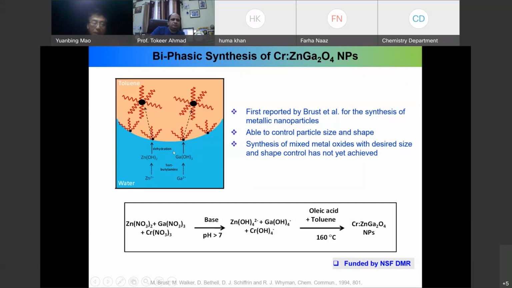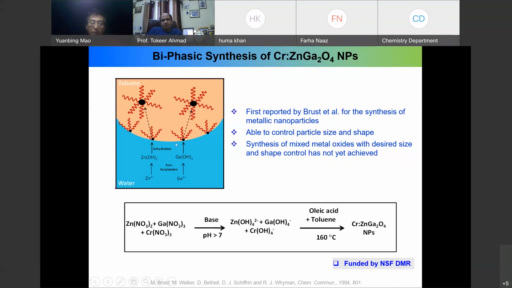So we thought about making the precursors in the water phase. That's easy, right? And then it is also a basic condition, especially when we heat it up, the pH will increase. And then these nanoparticles will start to nucleate and then grow at the interface.